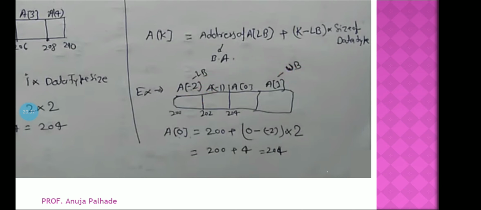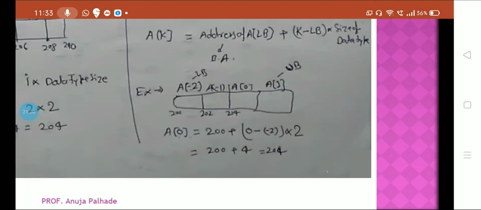So 0 minus the lower bound index. The lower bound index is -2. So 0 minus -2, multiplied by 2. Why 2 here? The byte size of every cell.